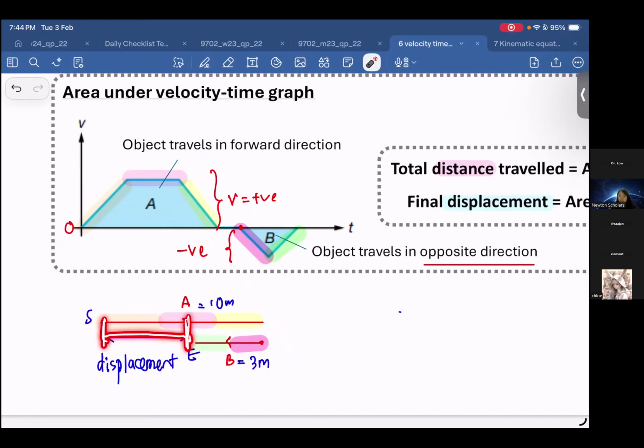How can I find this? I can use 10 meters minus 3 meters, so this displacement is 7 meters. So how do you find displacement? The distance in area A minus the distance in area B. That is our displacement. Boys and girls, until here, is that clear?